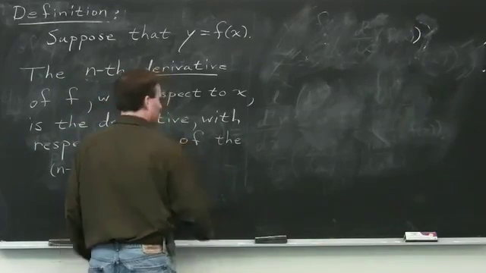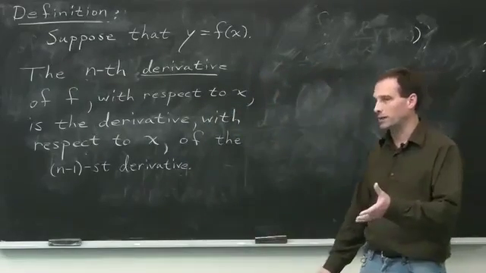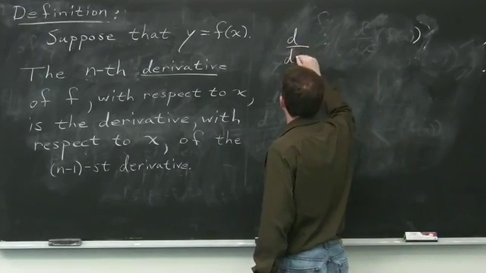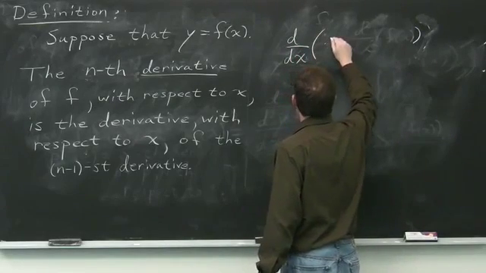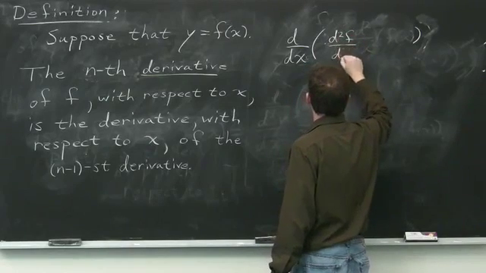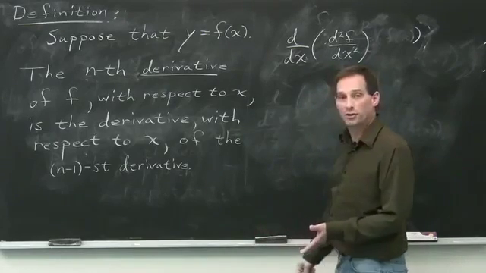What do I mean by that? So, for instance, the third derivative is the derivative with respect to x of the second derivative. So, d dx, derivative with respect to x of the second derivative of f with respect to x. This would be the third derivative.